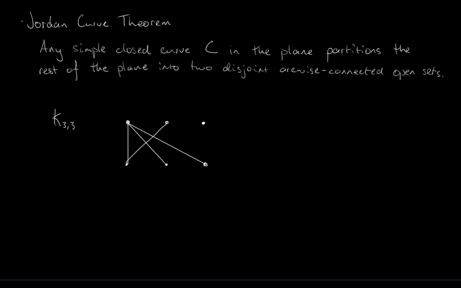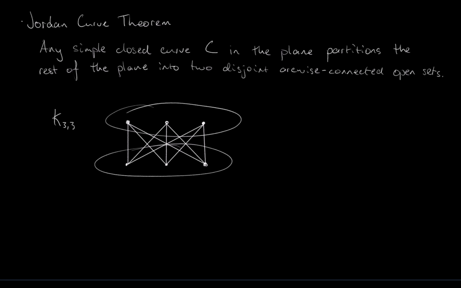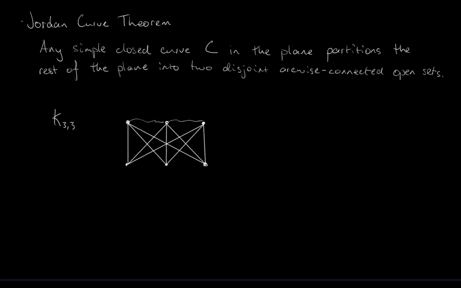So let's draw this out. I think that's everything there. So clearly, if you look at these two sets, there's no vertices adjacent to each other here, unless I drew those in. So this is the complete bipartite graph on three vertices.